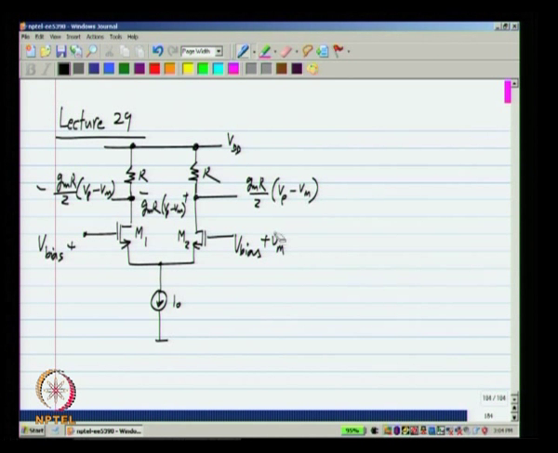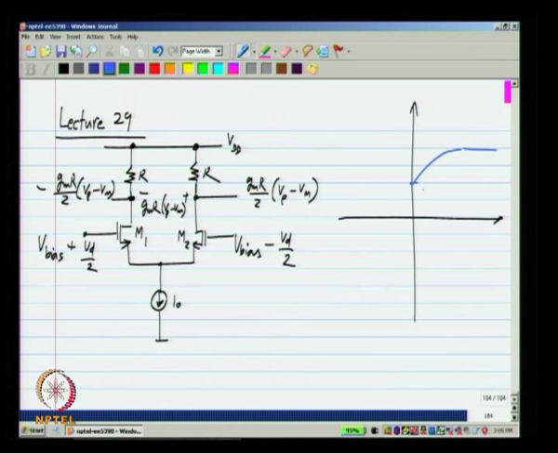We assume that Vp and Vm are equal and opposite voltages. And in such a case the currents in the two transistors would be something like that.